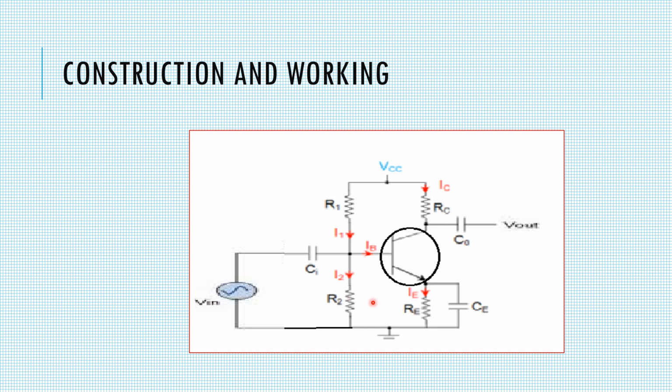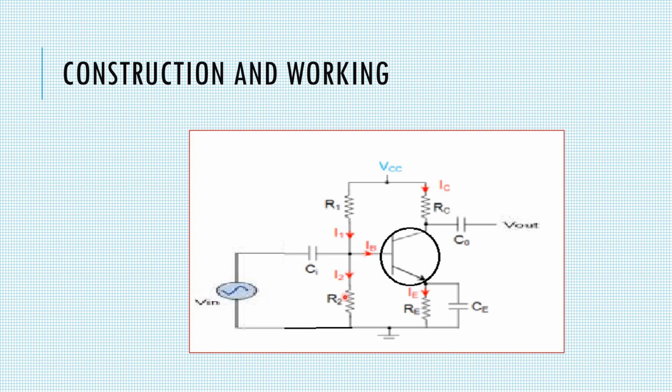This common emitter amplifier circuit consists of a transistor and a voltage divider biasing used to supply the base bias voltage as per the requirement. This voltage divider biasing has a potential divider with two resistors.